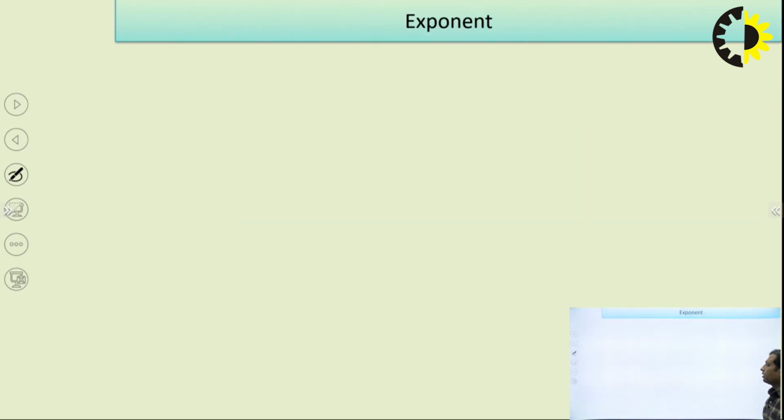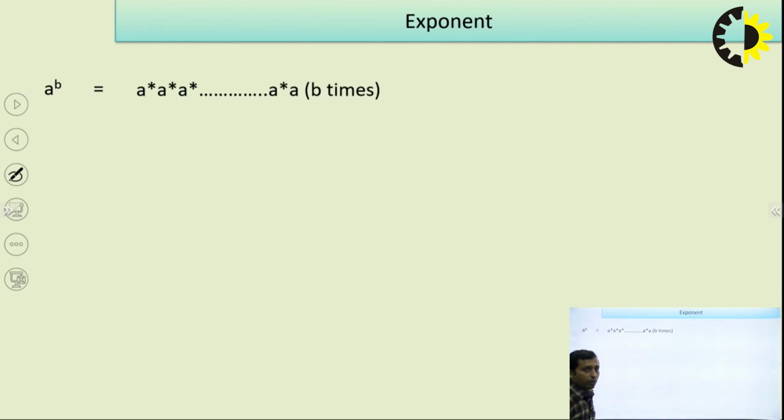This is recursive call. Now let's take another example to clarify the concept more. Take the example of a power b. We want to calculate a power b. What is a power b? It is simply a multiplied by itself b times.